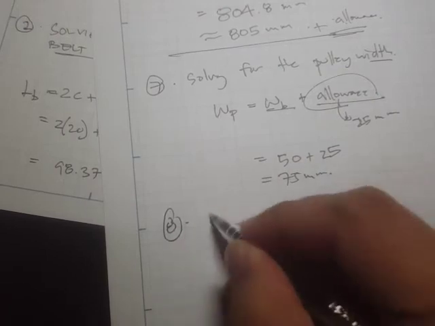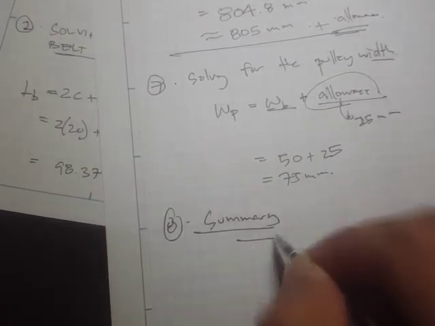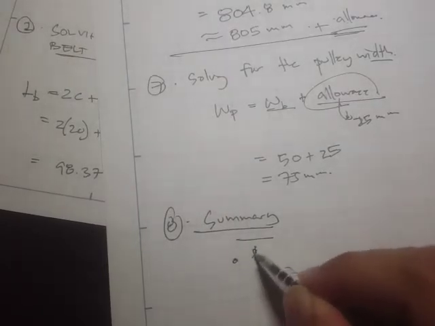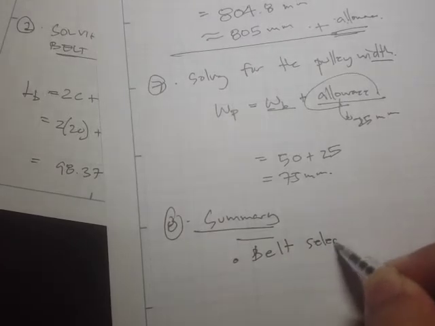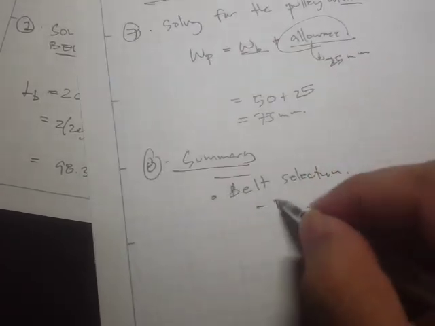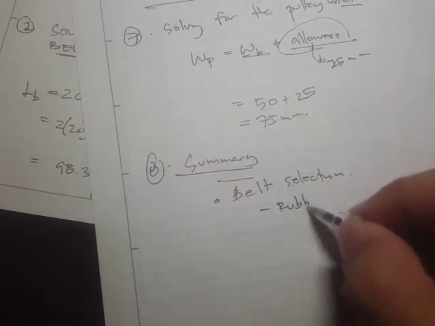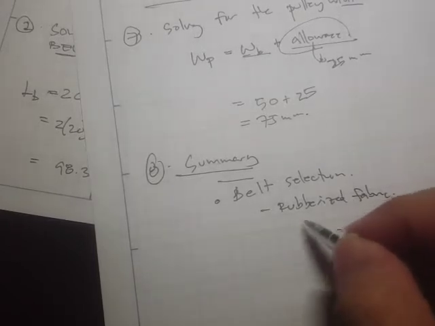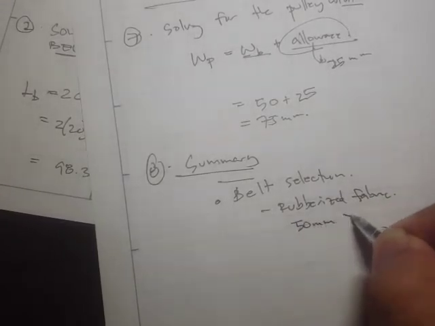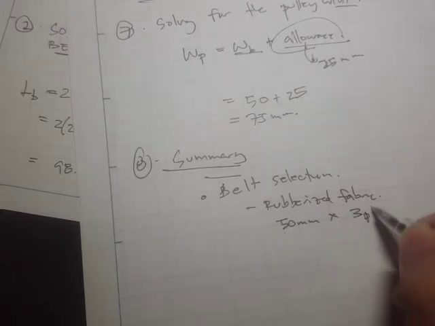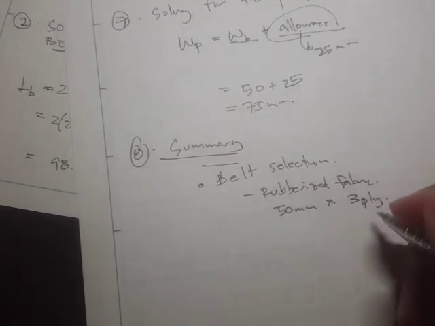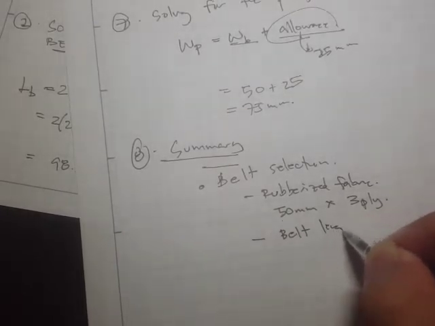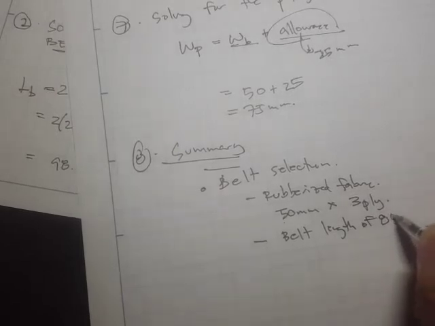And finally, we just have to write the summary. For the belt selection, we have a rubberized fabric, and we have a 50 mm by, that's the width, by the 3-ply. And for the belt length of 805 mm.